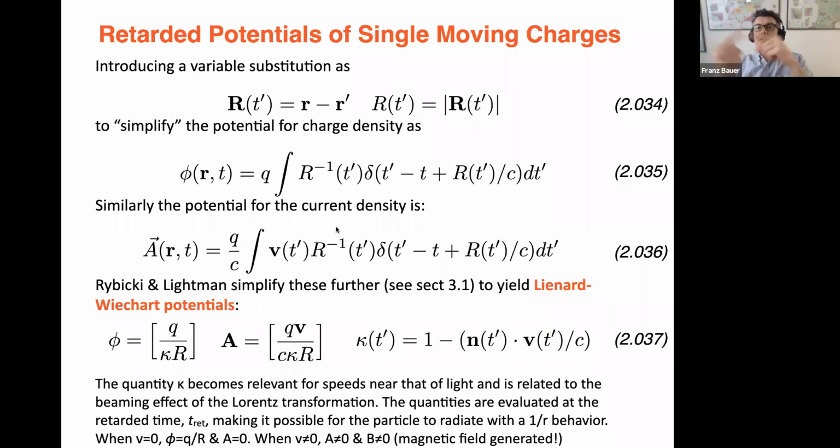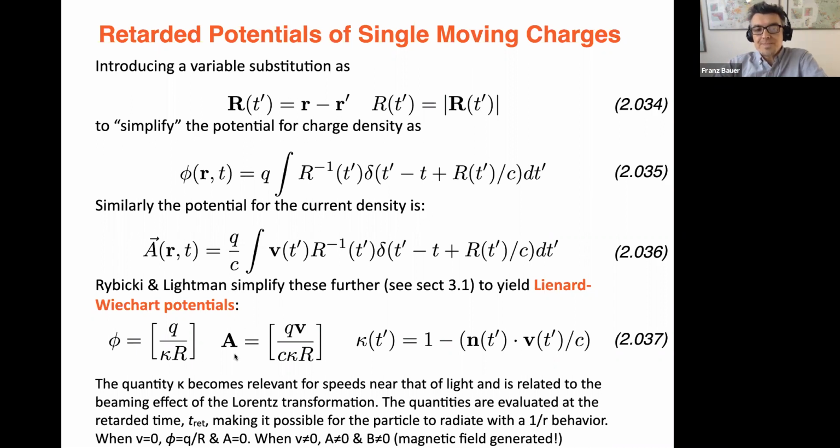And then we would calculate the local effects and have this r drop out of that integral. And this gave us what we call the Liénard-Wiechert potentials for charge and for current.